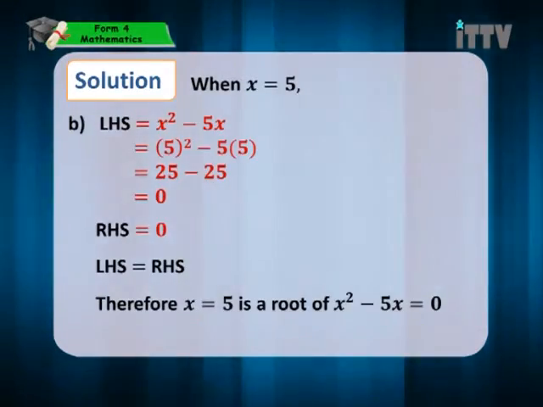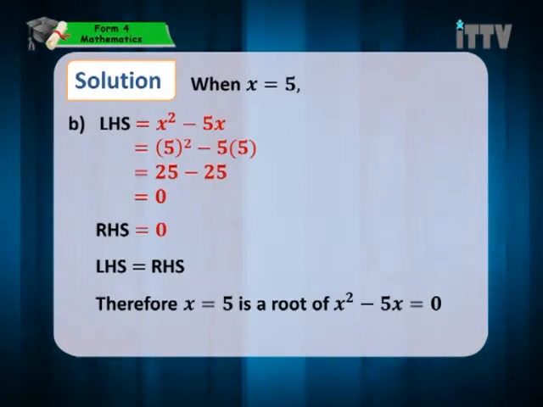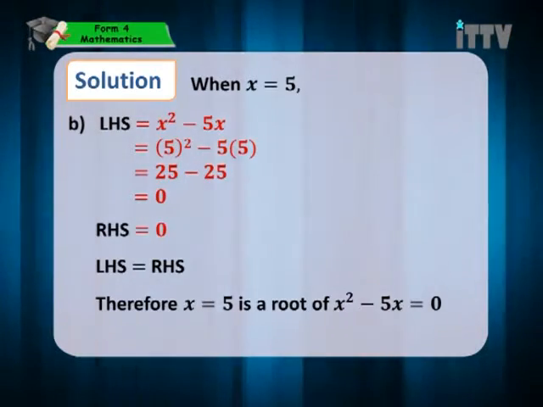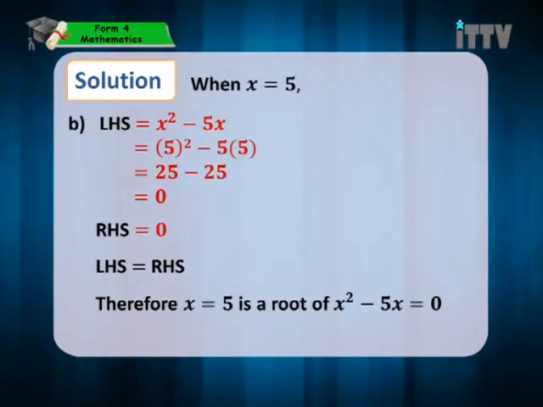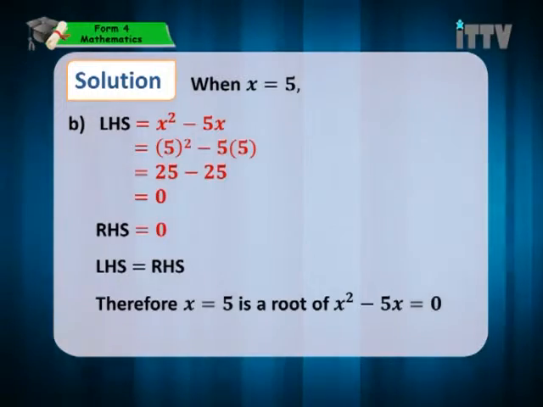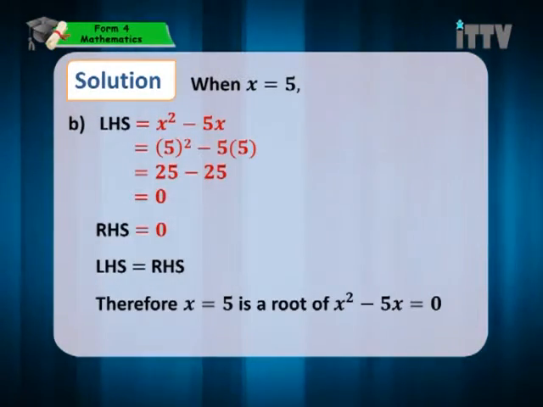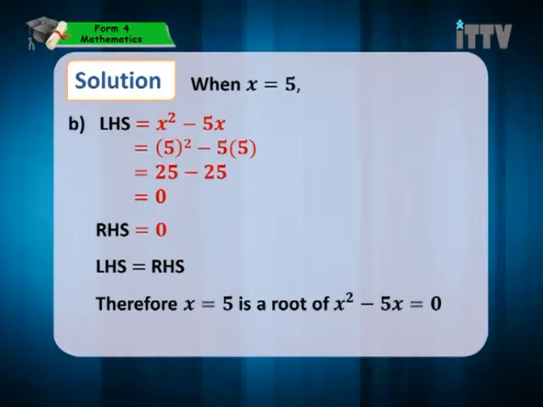So when x equals 5, on the left-hand side, x squared minus 5x, substitute the value of 5 into x, which is 5 squared minus 5 multiplied by 5. 25 minus 25 equals 0.